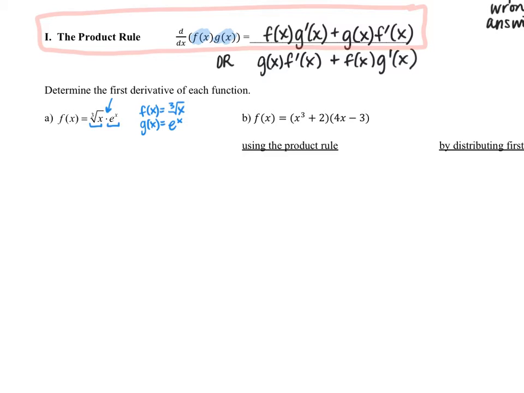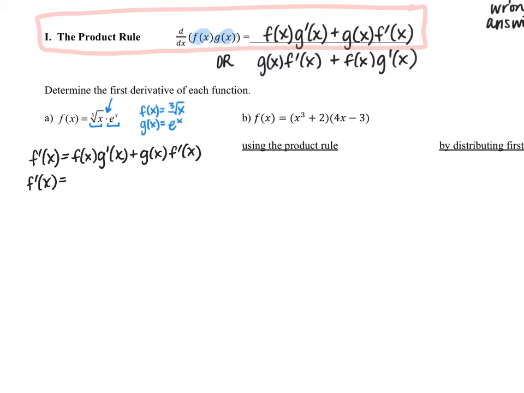So using the product rule to find f prime, I'm going to go ahead and just write our product rule out here. Remember, it's the first function, f of x, times the derivative of the second function, g prime, plus the second function, g of x, times the derivative of the first function, f prime.